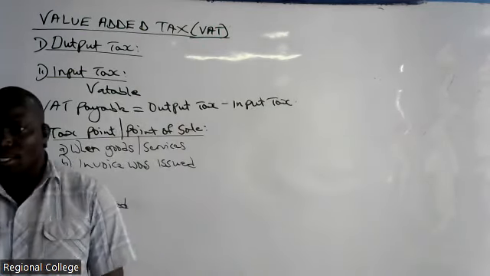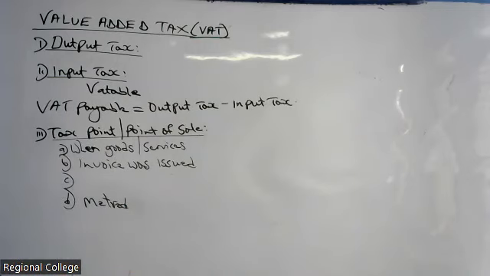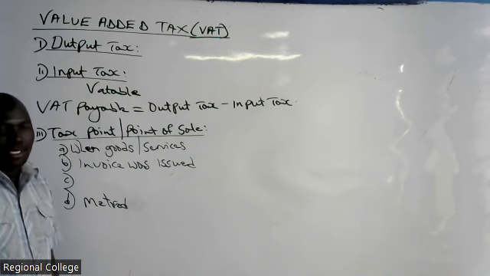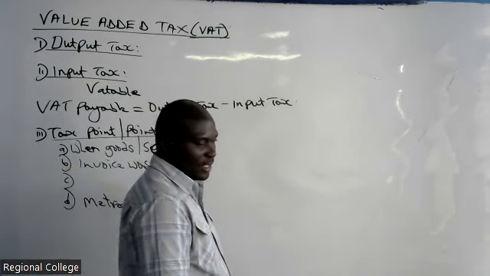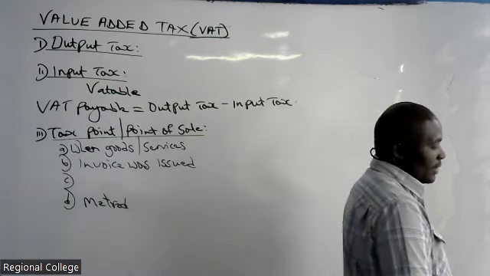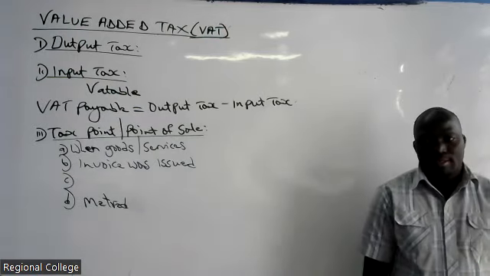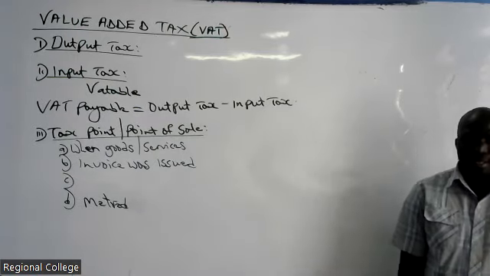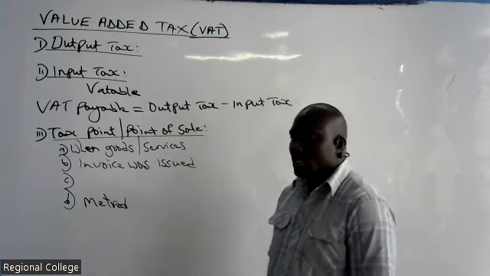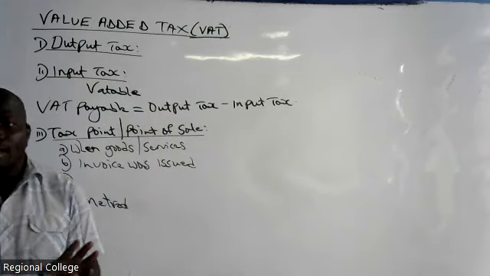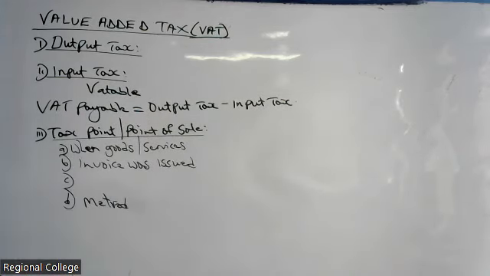Hiyo stima yenye si ya tokens. So in case of metered supplies, comma, the point of last meter reading. Na watu wanakuja kusoma meter. So ile time wamekuja kusoma meter. So whichever comes earlier.